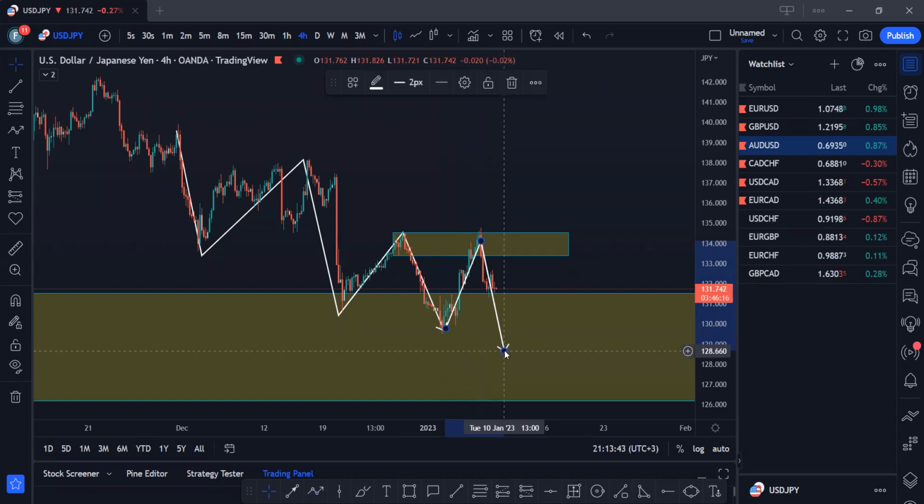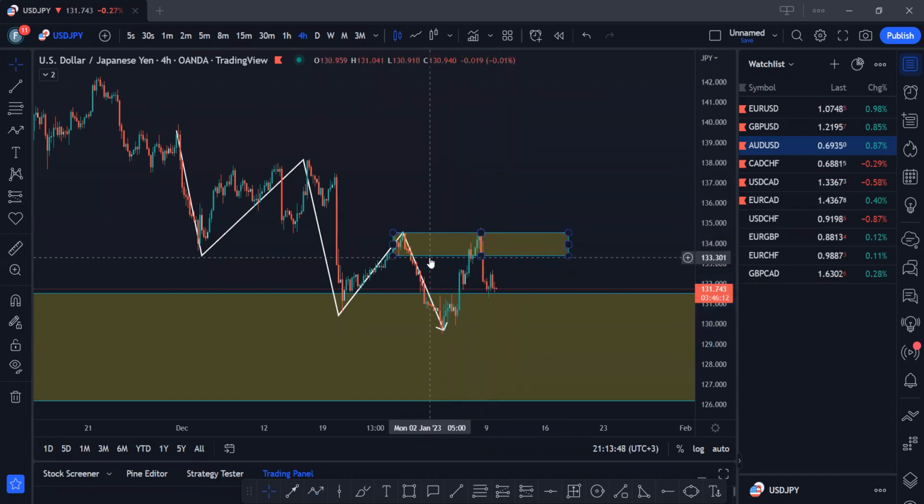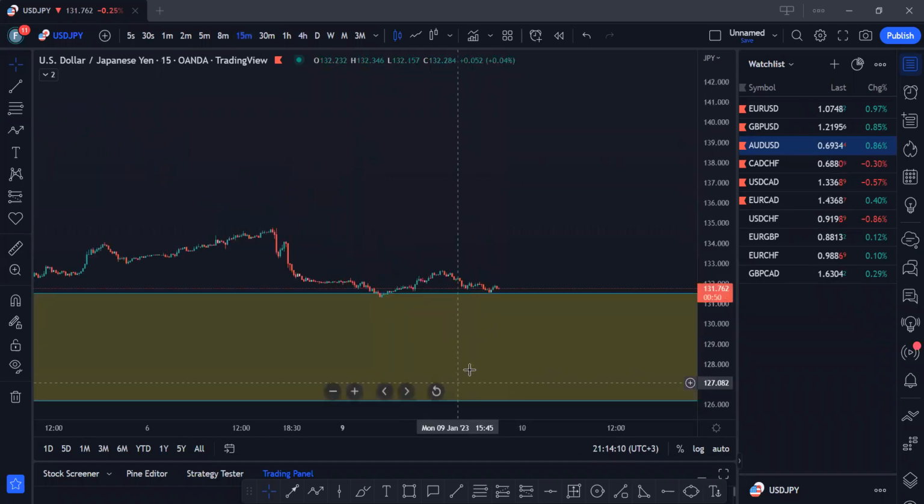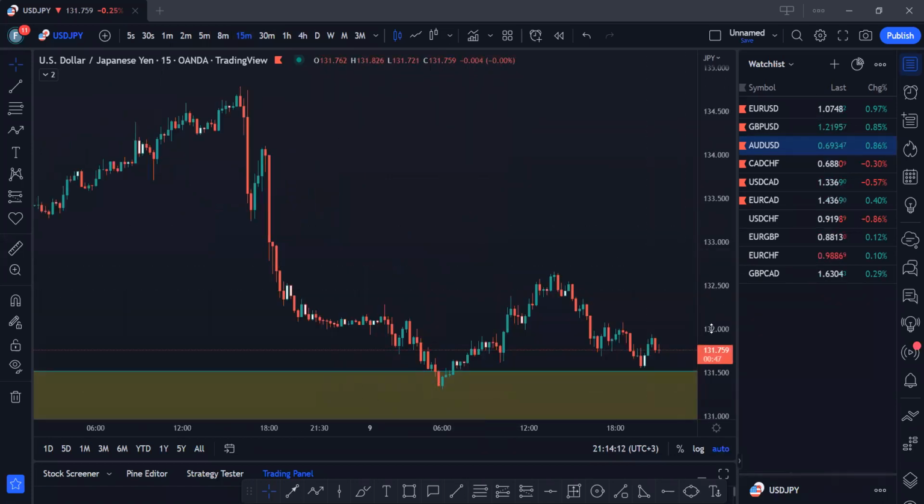So USDJPY on 4 hours price is giving us a sell. There's no reason to buy on UJ yet. If you are selling and price is currently acting here, let's go to lower time frame, like the 15-minute chart, and see if we can get in on the sell. If we go to 15 minutes, what do we have?